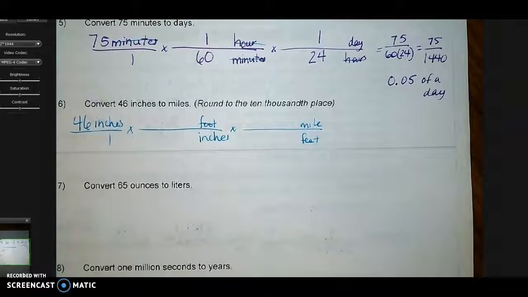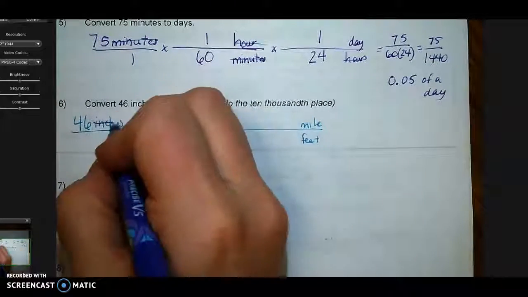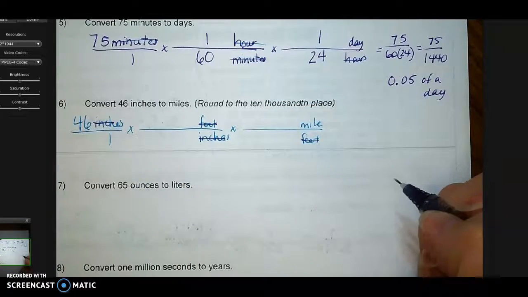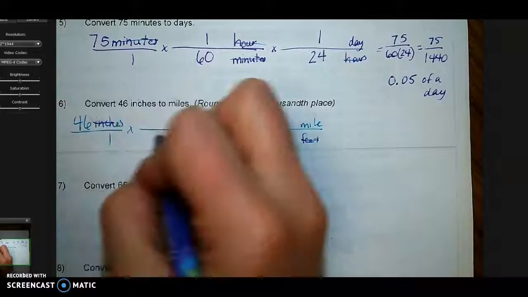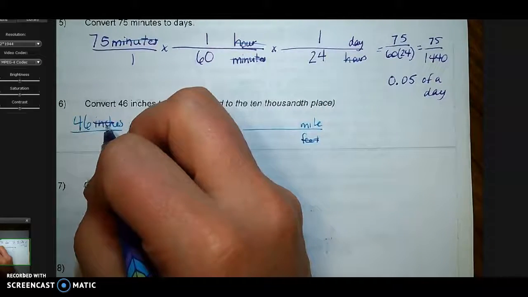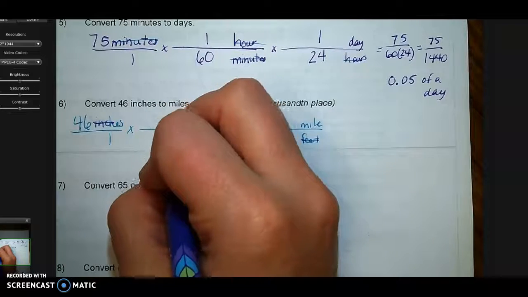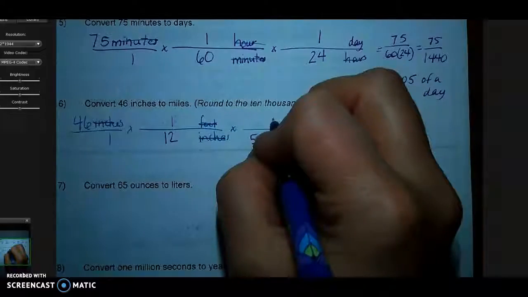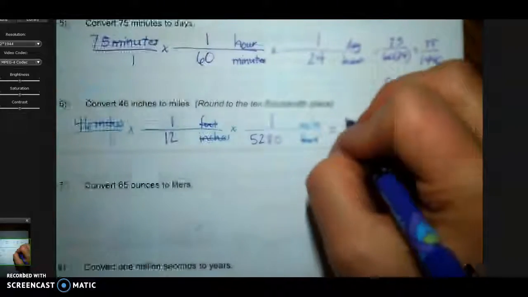Now you're like, Mrs. Williams, when we go and cancel out, these foot and feet are not exactly the same thing, but they're close enough. They're kind of the same thing, just in a different tense. So 46 inches, well, there's 12 inches in 1 foot, and there's 5,280 feet in 1 mile.